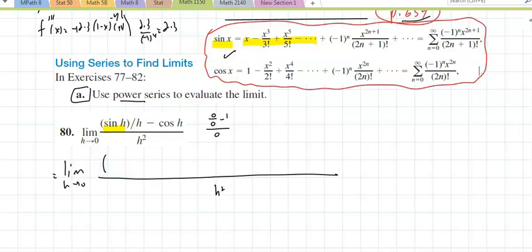Sine of h is going to yield h minus h cubed over 3 factorial plus h to the 5th over 5 factorial minus h to the 7 over 7 factorial, and the list goes on.